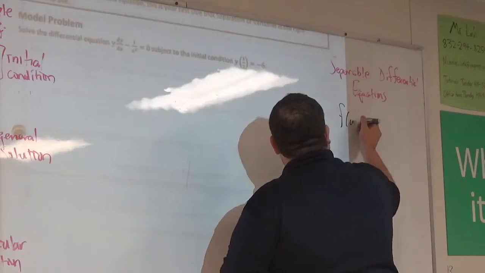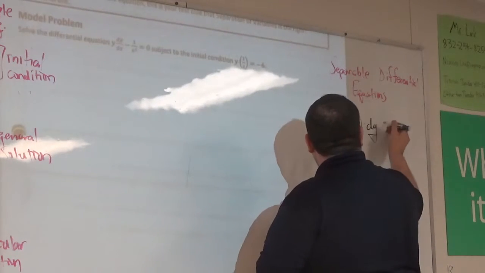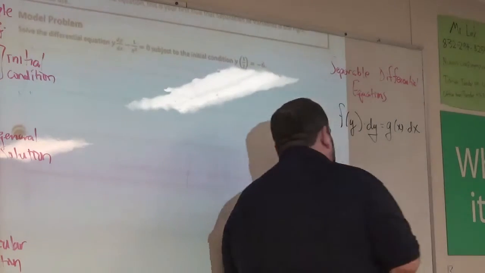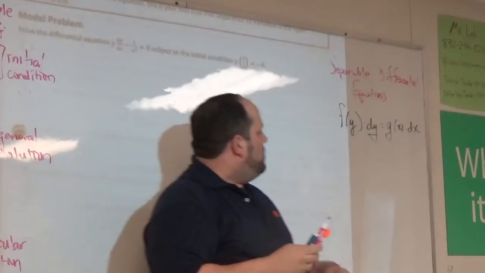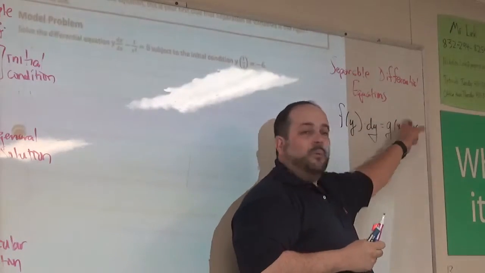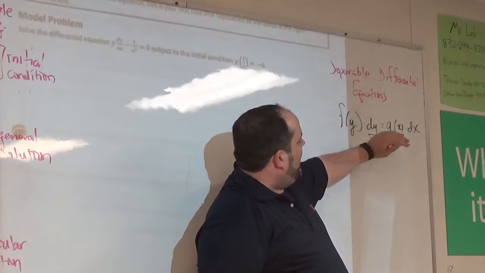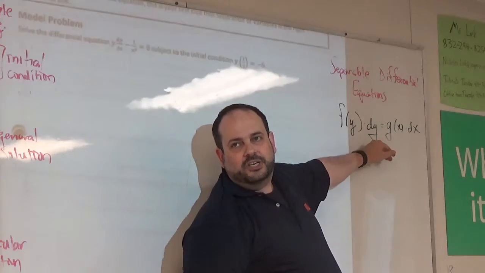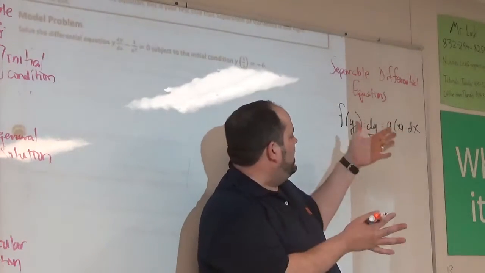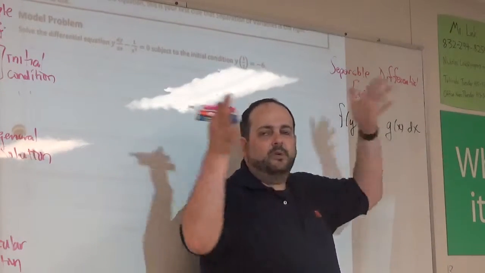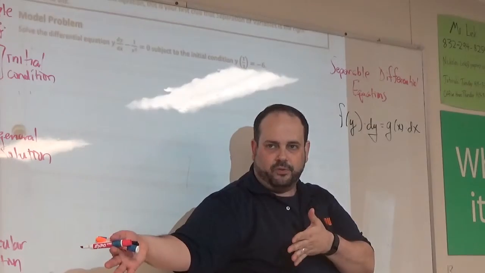What we're looking for is a function of y times dy equals a function of x times dx. We're actually going to separate the dy and the dx from one another. If you are able to write your differential equation in this form, then we classify it as a separable differential equation, and we have a technique we're going to go through.